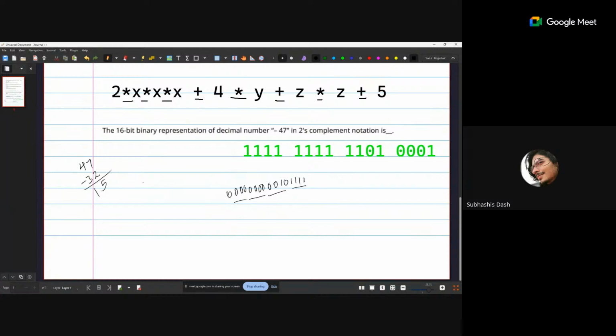Firstly, we'll just invert everything. Okay, so we have inverted everything. And after that, we'll just add 1 to this. So we have 0, 0, 0, and finally 1. Okay, so this is the 2's complement.